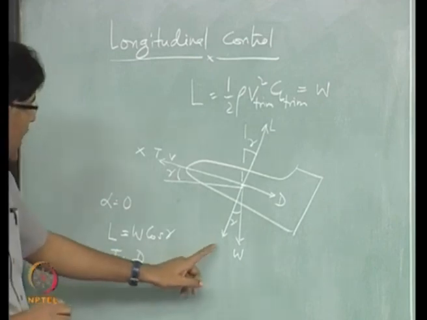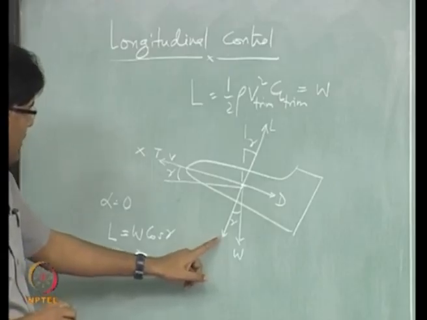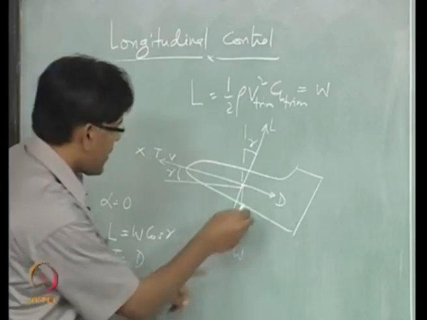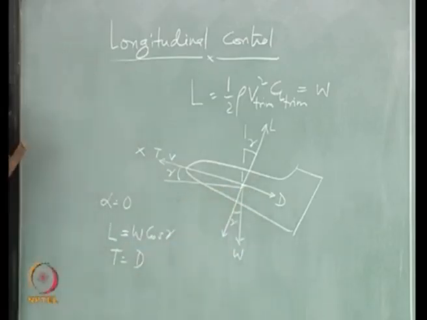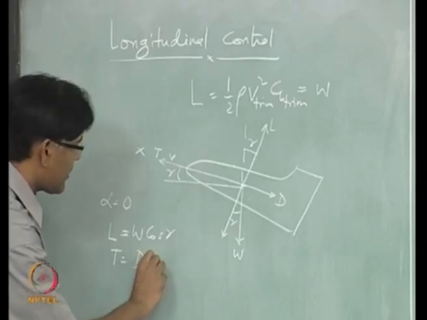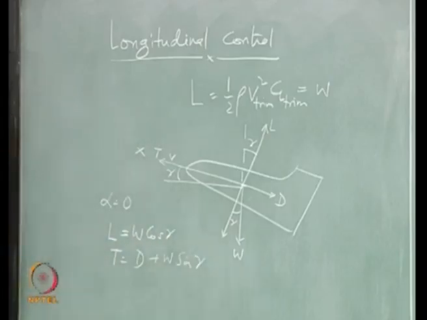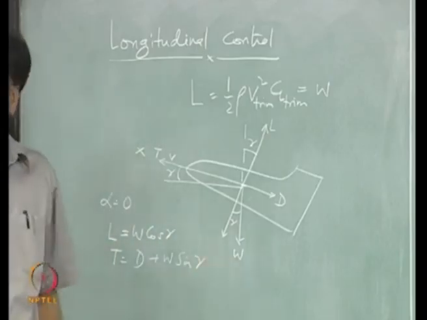Which component is going to act in this direction? Okay, W sin gamma, right. All right. So you are getting this, right.